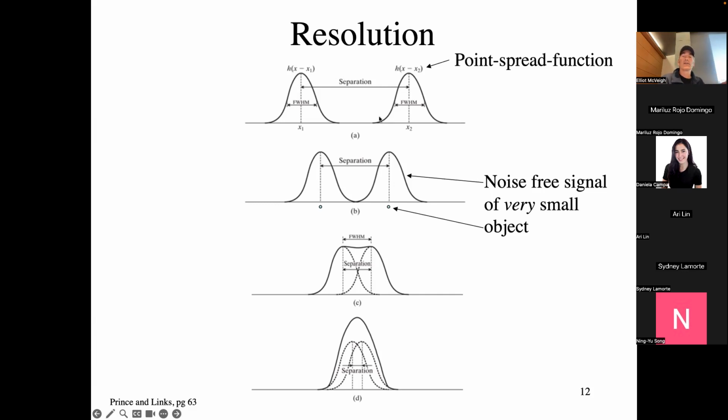So if I have a point spread function that looks like this, and I know that this is of an isolated signal because it's a tiny piece of coronary calcium, or a tiny piece of something in the kidney, you know, what are the crystals you get in your kidneys? I forget what they're called, but it's really small. I get this blurry object, but I kind of know the object's right at its peak.